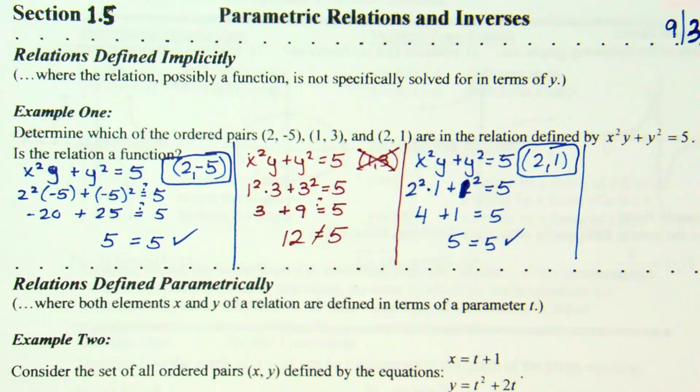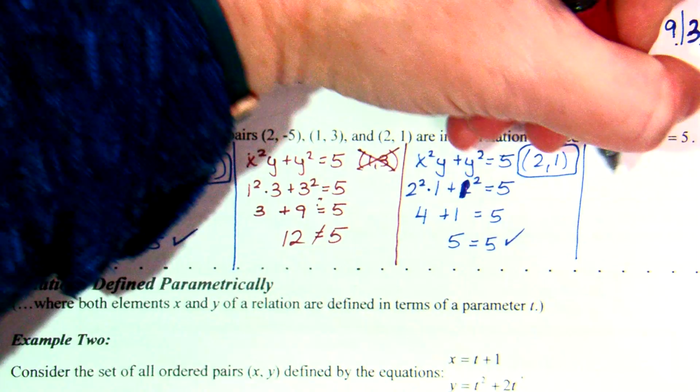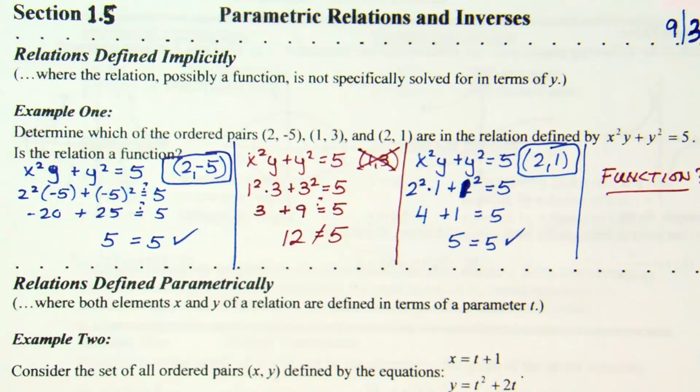So now the final question was, is the relation a function? Thoughts on whether this relation is a function? Carolyn? We know this 1 x value goes to 2 y values. Okay. What ordered pairs happen to work here? 2, 1, and 2, negative 5.